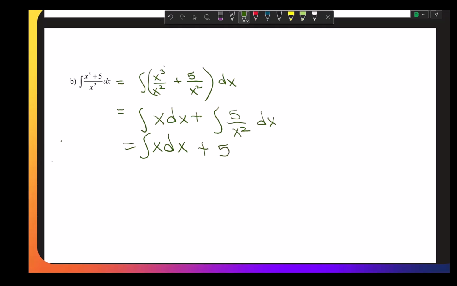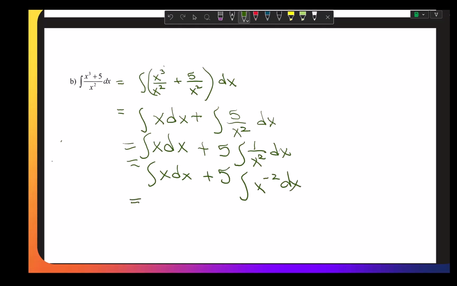Now I have a 5. I can take that outside the integral sign, and I end up with 1 over x squared dx. This is equal to the integral of x dx plus 5 times the integral of x to the minus 2 dx.